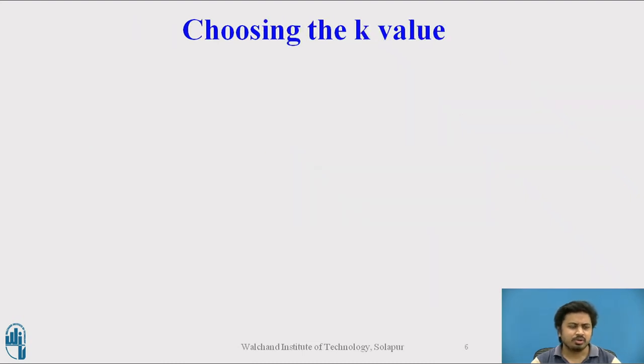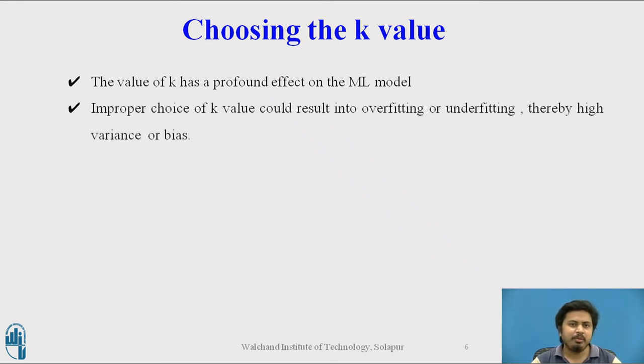Now let us also look at what exactly we mean by k, and see, the dilemma here is what should be the value of k. We have to be very clear that the value of k has a very profound effect on the ML model, so this value has to be very carefully chosen. An improper choice of k value could result in overfitting or underfitting, thereby the ML engineer would be facing high variance or bias.